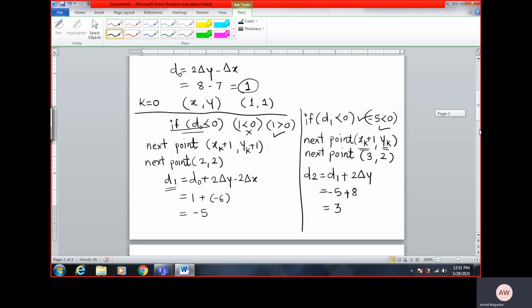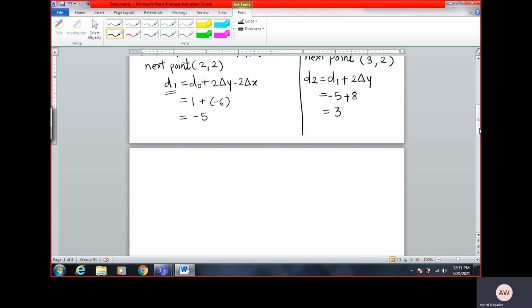Let's complete this example. So we got the value of d2 is 3. Now again we have to repeat the same steps. What is the value of d now? The value of d is 3. Whether it is less than 0 or greater than 0, 3 is greater than 0. If it is greater than 0, as we have seen in the formulas, the next point is you have to increase x as well as y.